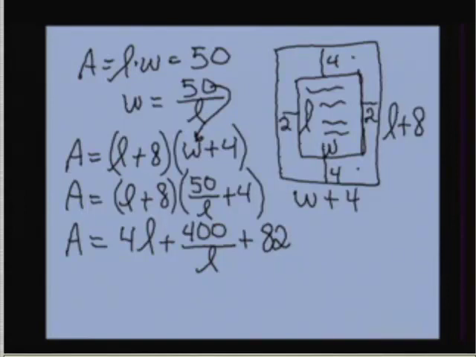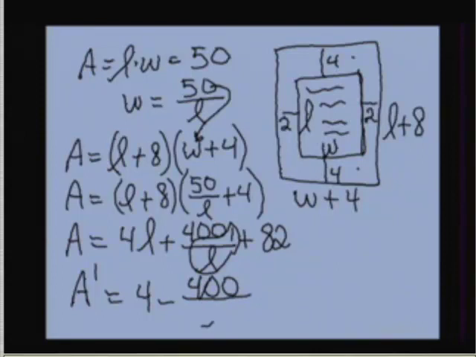So this is the area that we want to minimize, and therefore we have to take the first derivative, that is find A prime. That's going to be 4, and here's our famous 1 over L times 400, so it's going to be minus 400 over L squared.